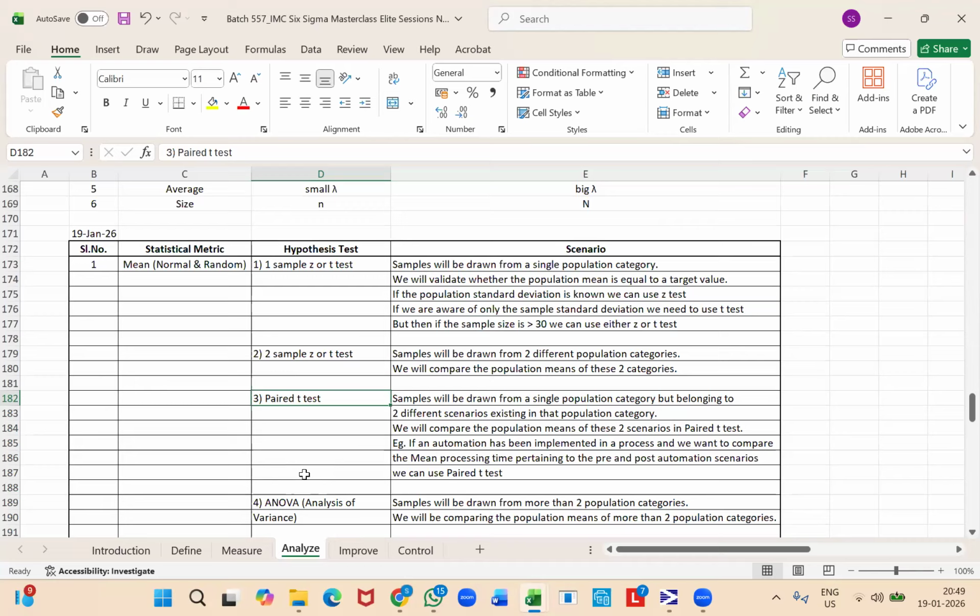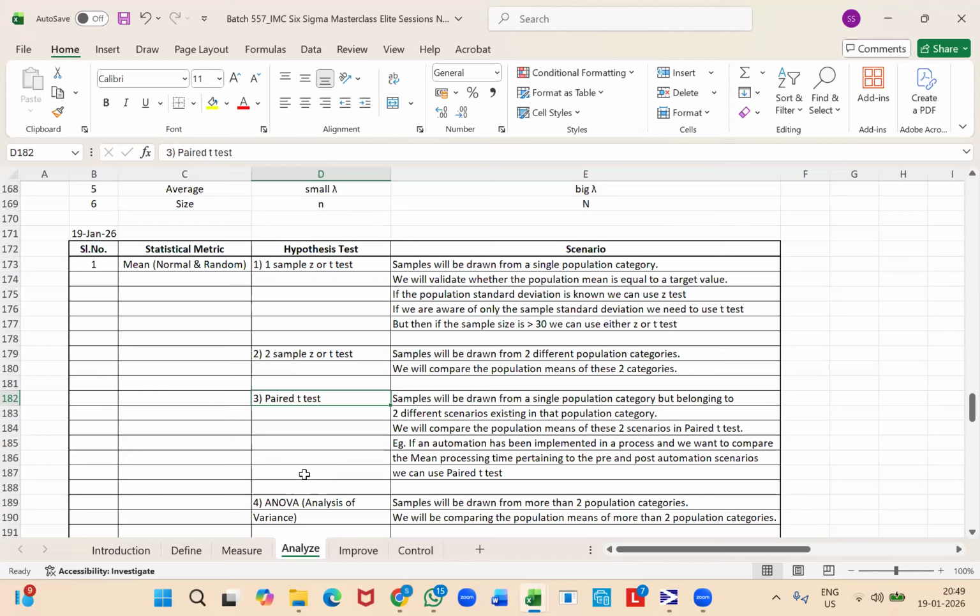In case of two sample mean test, we would be comparing the population means of two different population categories. It could be two different processes or two different production centers. But in paired T test, we are comparing the population means pertaining to two different scenarios existing within a process, like pre-automation scenario versus post-automation scenario, right?